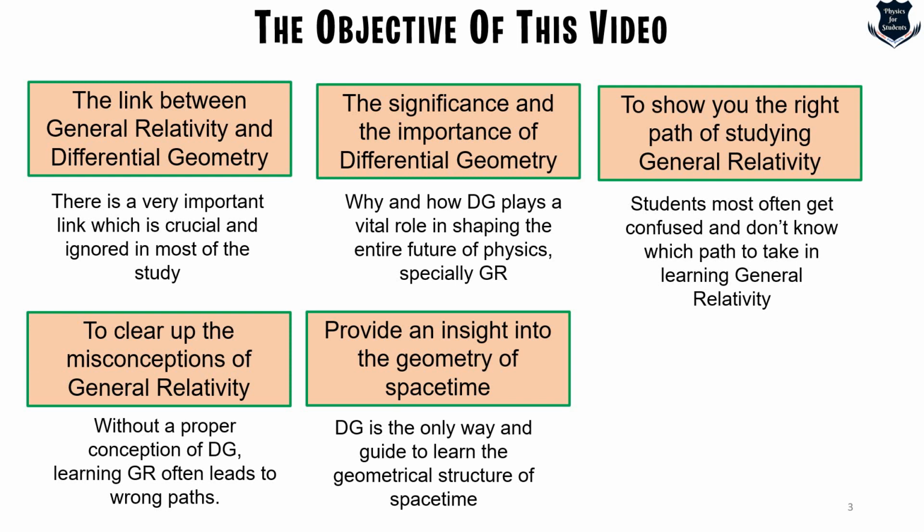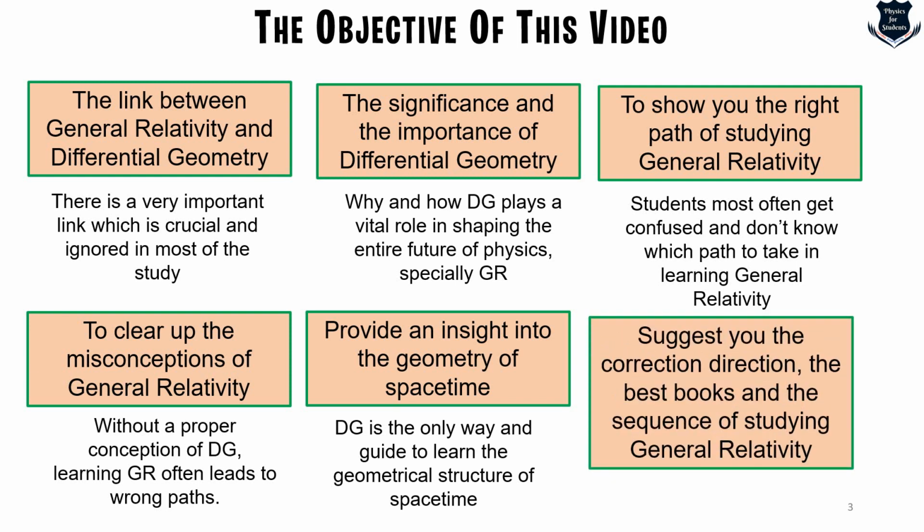I will also provide an insight into the geometry of spacetime, because differential geometry is the sole guide to learning properly the geometrical structure of spacetime, which is the pivotal idea behind general relativity. And overall, I will give you a suggestion of the correct book and the way in which to learn.